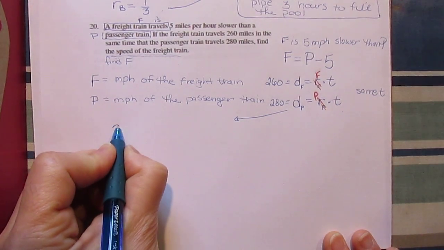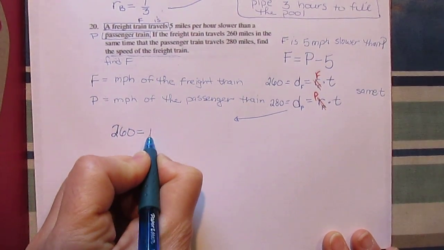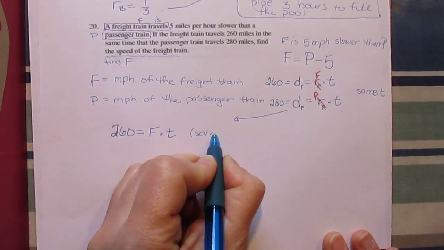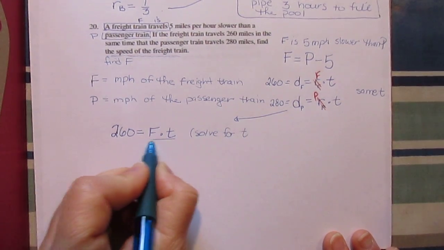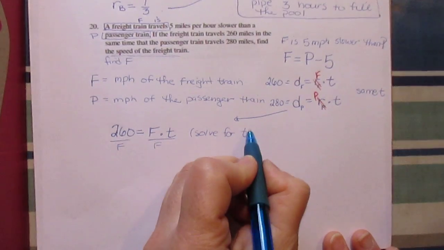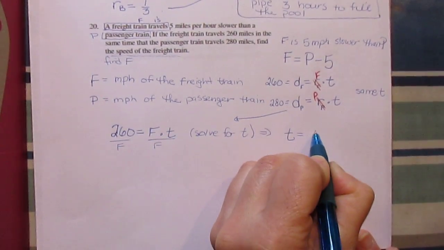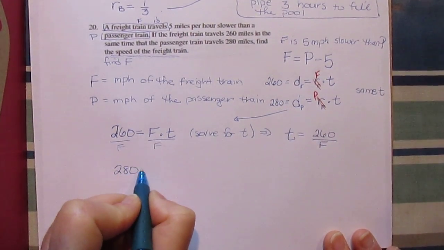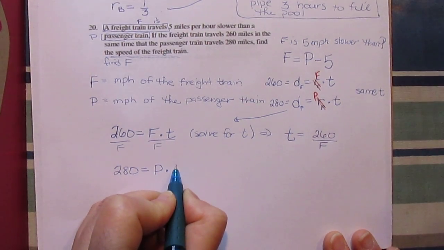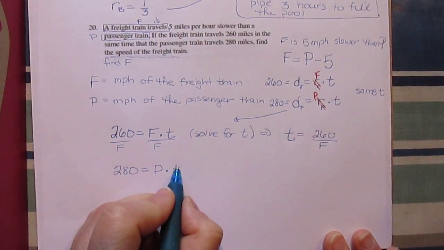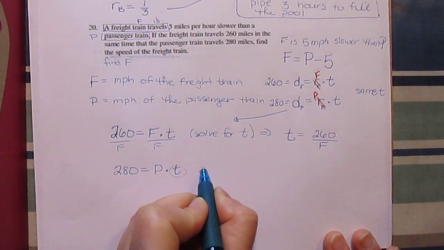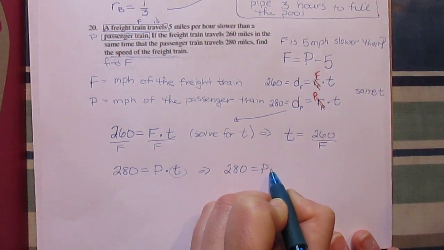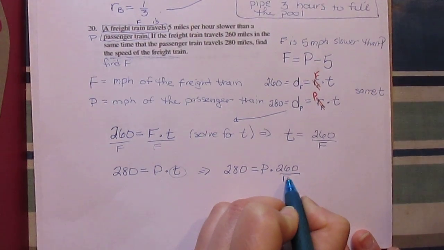I end up having 260 equals F times T. I can solve for T. Divide by F, and I get T equals 260 divided by F. I have the other equation, 280 equals P times T, and I know what T is. 280 equals P times 260 over F.